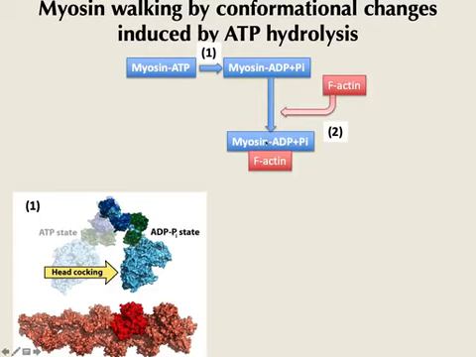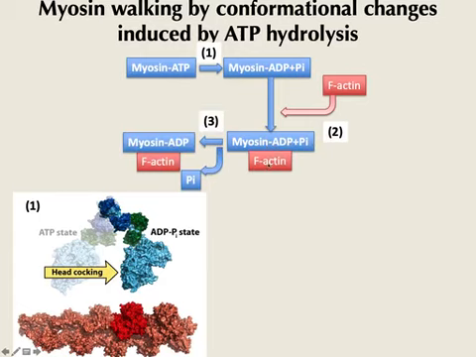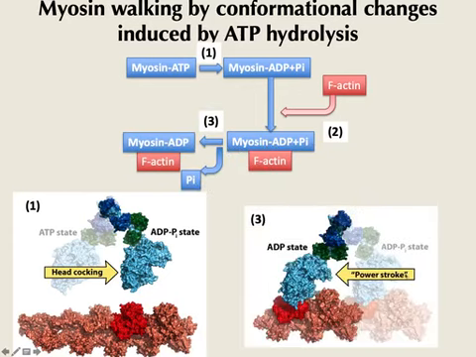Then this conformation now favors binding to actin. Now you have myosin ADP plus Pi bound to actin. This itself favors release of inorganic phosphate, and that's the power stroke. So it basically returns to the original conformation, and that's where you have actual movement.